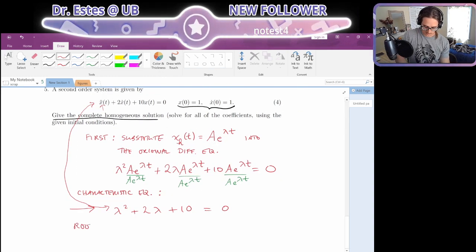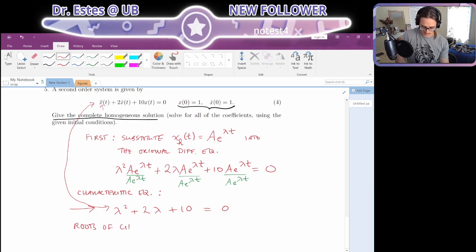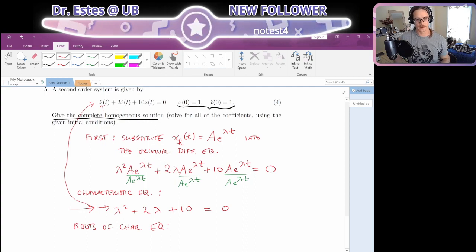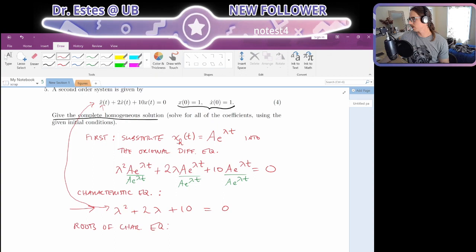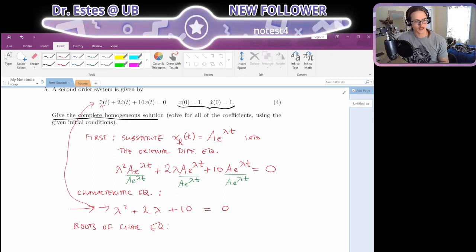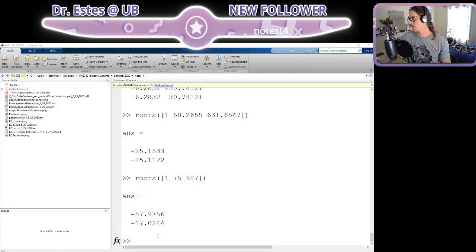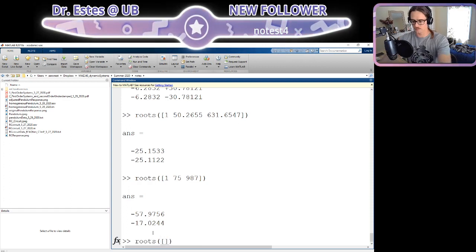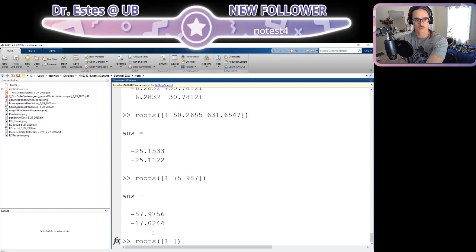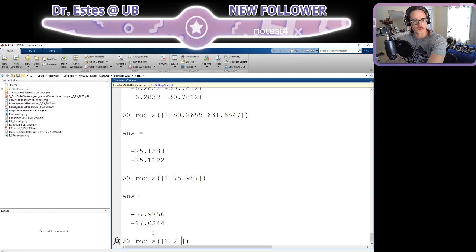So then you get roots of the characteristic equation. You can use the quadratic formula to get these roots, but I'm trying to teach you guys some basic MATLAB commands as well. So what I would do to get the roots is I would go over to MATLAB and use the roots command. So it's the roots of lambda squared plus 2 lambda plus 10.